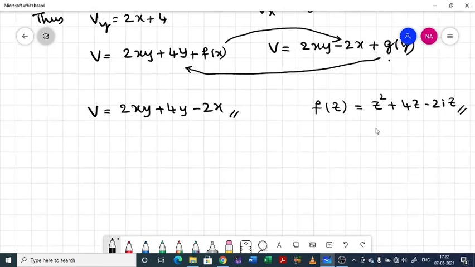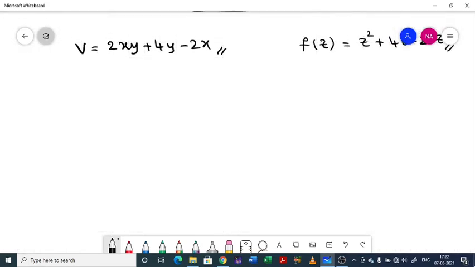Problem E. u equal to r plus 1 by r cos theta.